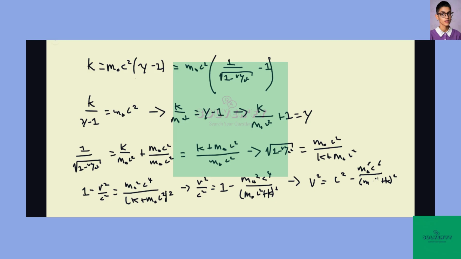Let's clean this up a little bit. It's m0c squared plus K, squared. Now we can pull out an m0c squared. I'm running out of room, so I'll keep it down here. It's equal to c squared minus m0 squared c to the sixth divided by m0 squared c to the fourth times 1 plus K over m0c squared, squared.